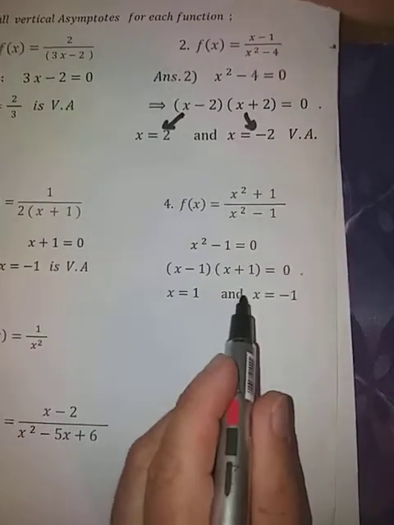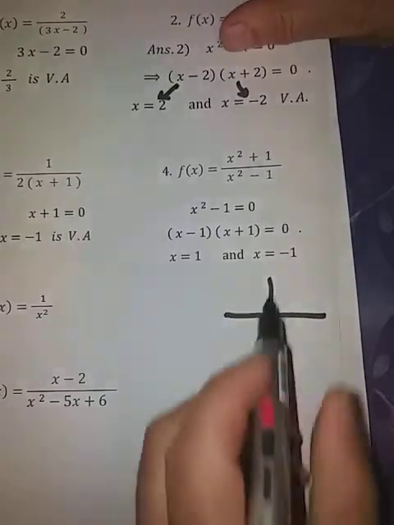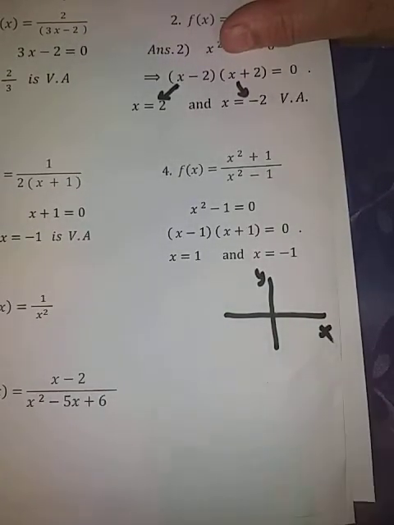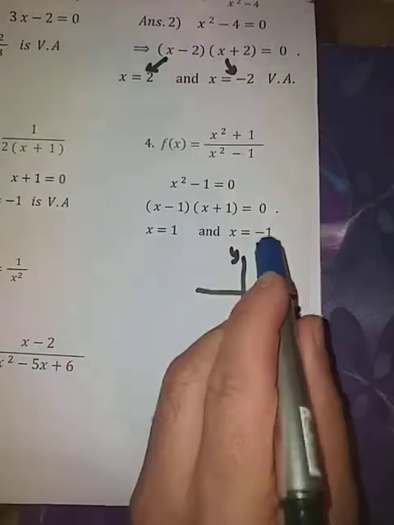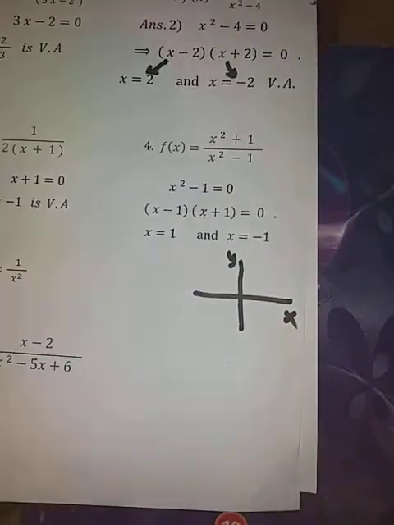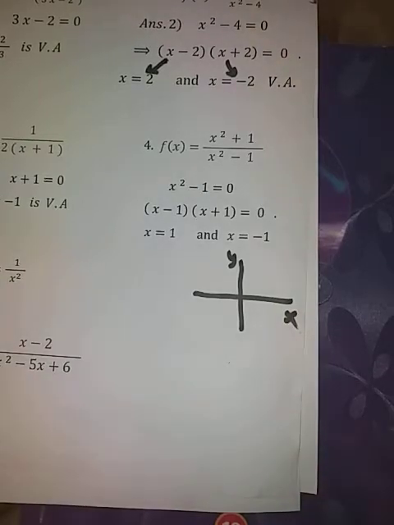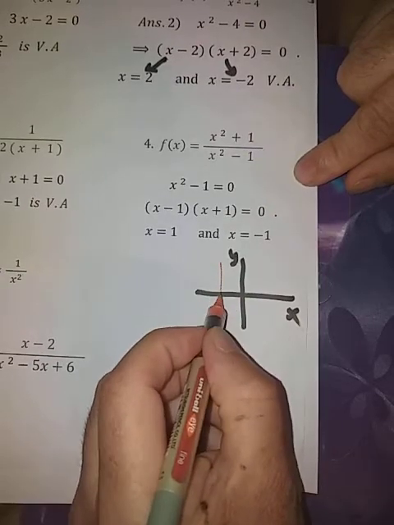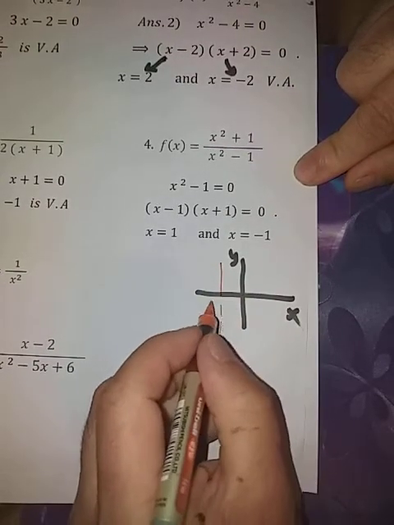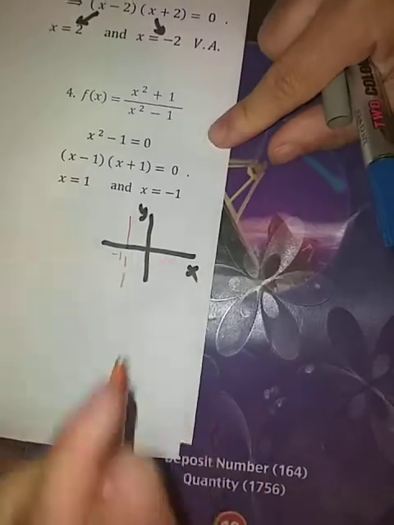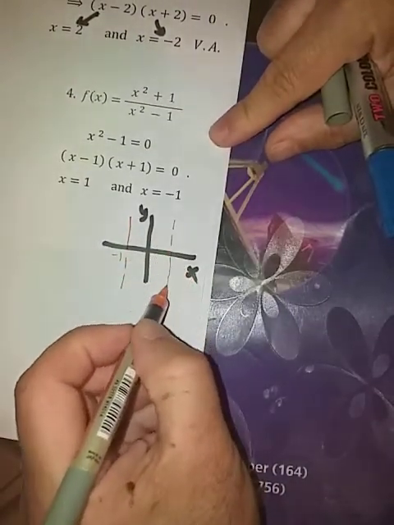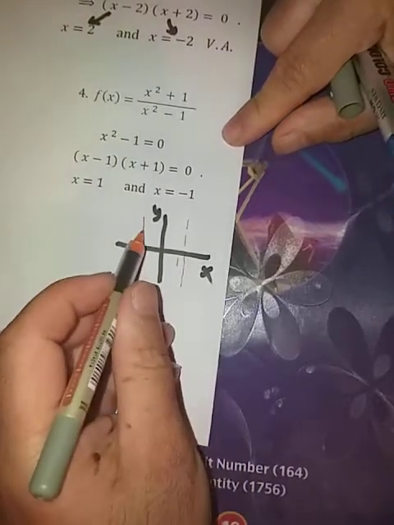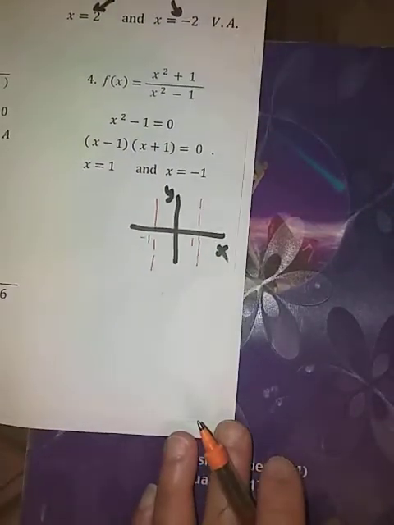If we need to graph this one, this is the y-axis and the x-axis. At -1 and at 1, we have vertical asymptotes.